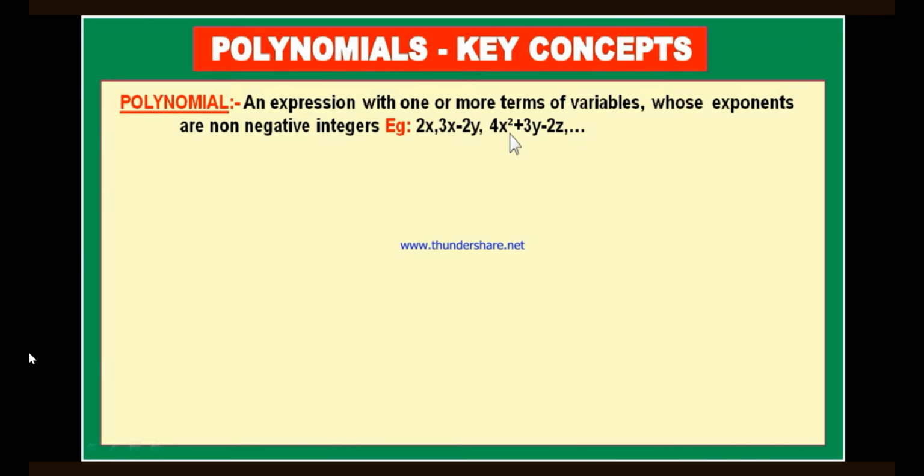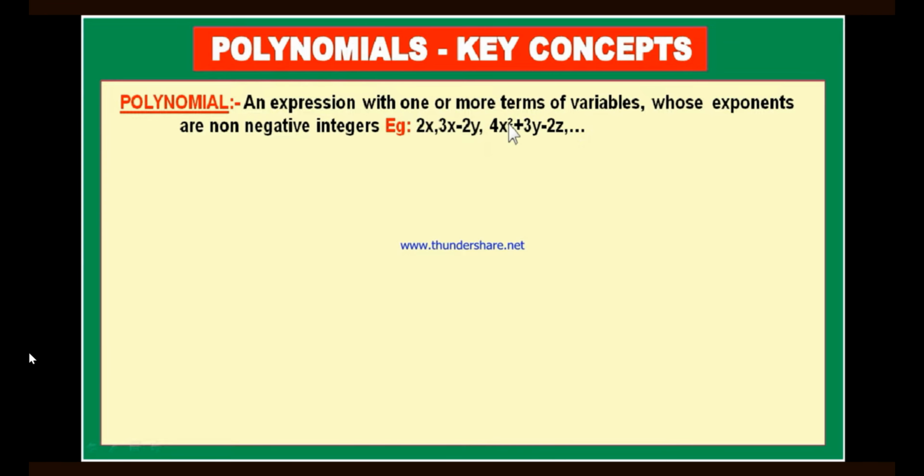And in the third case, 4x square plus 3y minus 2z. How many variables can you find in this example? You can find three variables, x, y and z. The first variable is x, and what is its exponent?